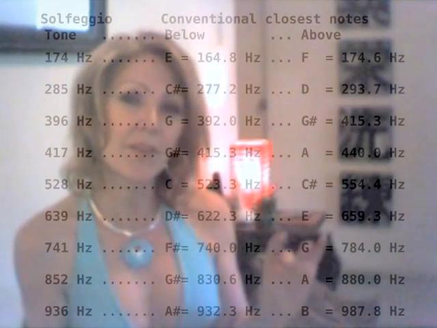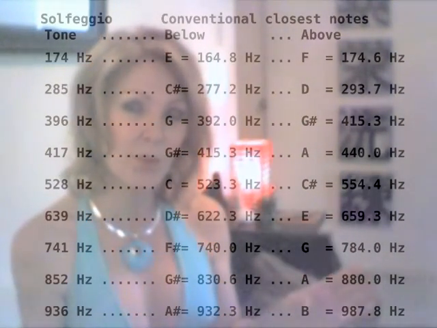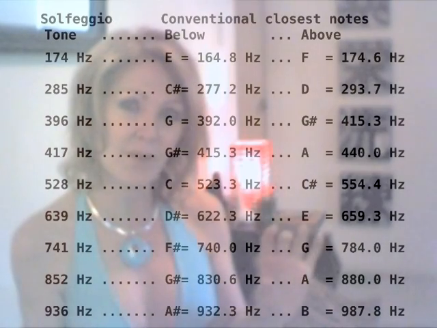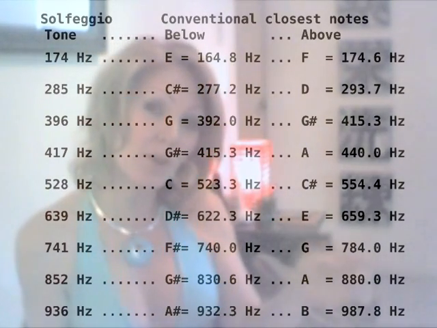So, a good way to work out your tunings, and this is what I've done, is that you work out the difference between, say, the closest note below the Solfeggio frequency that you're working with, and that Solfeggio frequency, and the closest note above.